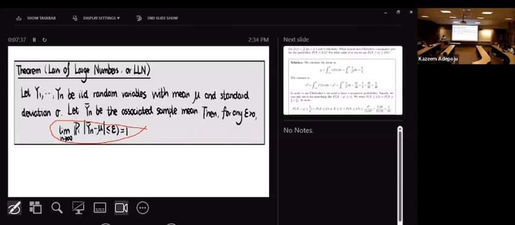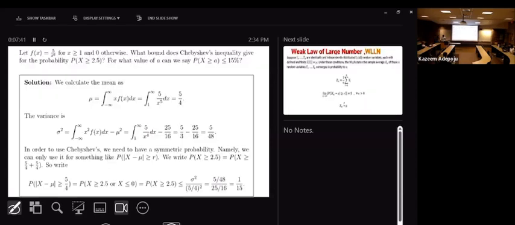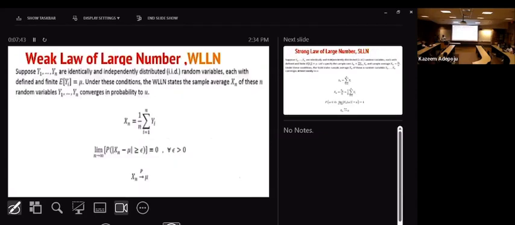Okay, but before I go into this, I'm going to show you this. I define it here again. The whole thing actually starts from random variables Y1, Y2 up to Yn that are IID.